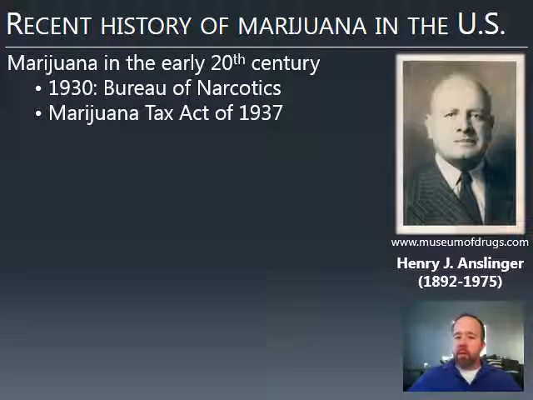And as with many of the pieces of legislation in the early 20th century, this was more of an economic measure. It was designed, of course, to diminish marijuana use, but it was doing so by taxation. This was later repealed in the late 60s because it was deemed unconstitutional.